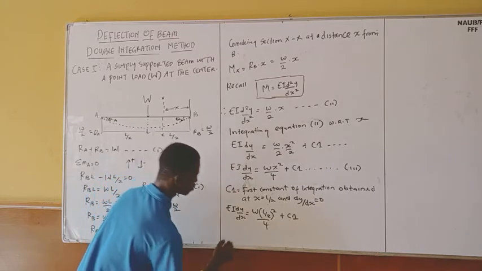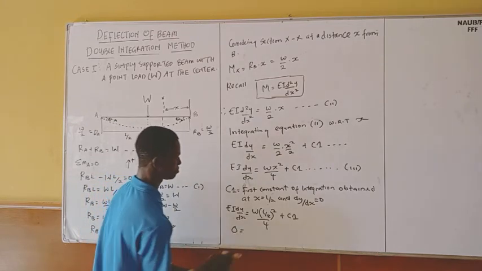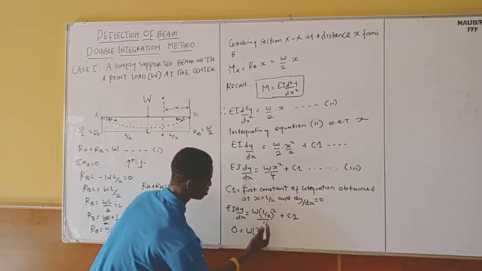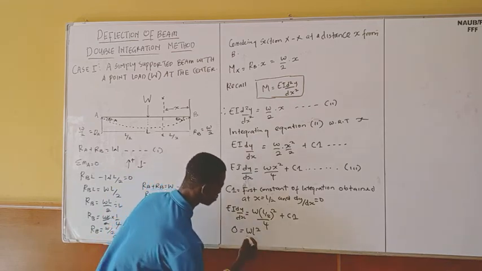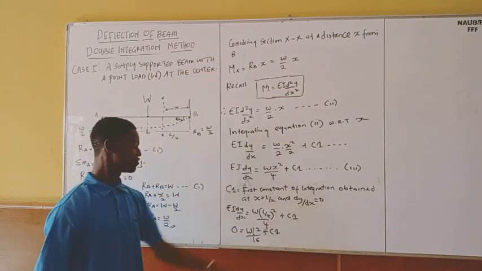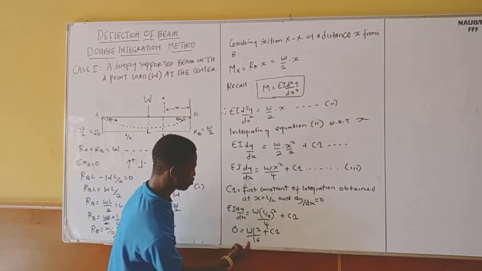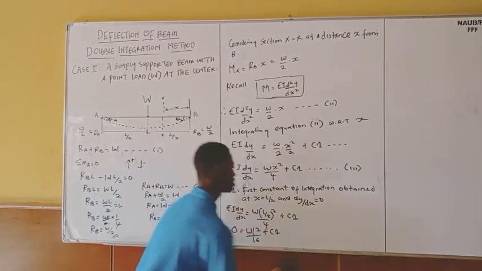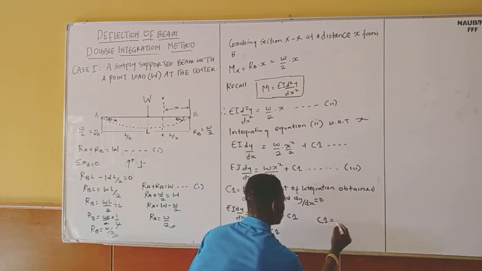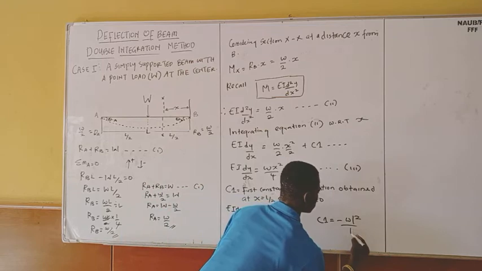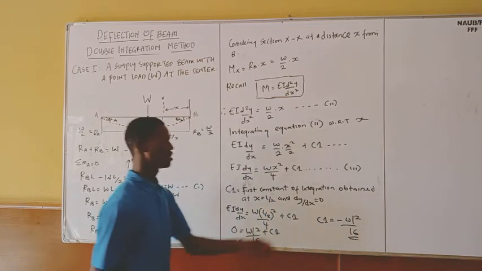Definitely this one is equal to 0 equals to, now W, I'm going to have L squared here. 2 squared is 4, 4 multiplied by 4 is 16, plus C1. For me to get the value of my C1, this one just needs to come to the other side, so I will be left with C1. Definitely my C1 is going to be minus WL squared over 16.